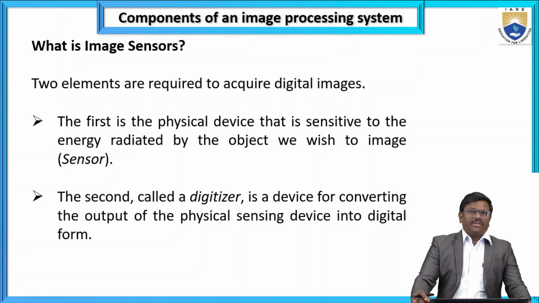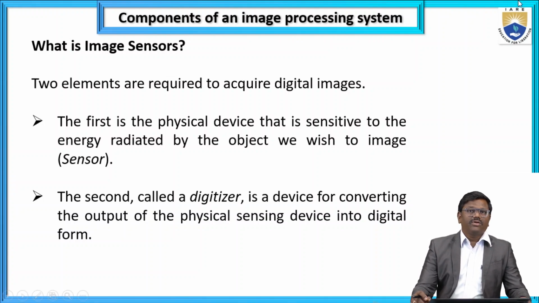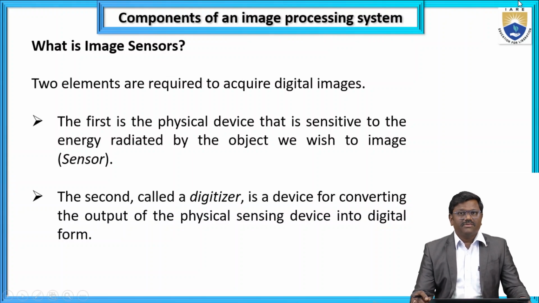Whereas the second, called a digitizer, is a device for converting the output of the physical sensing device into digital form.